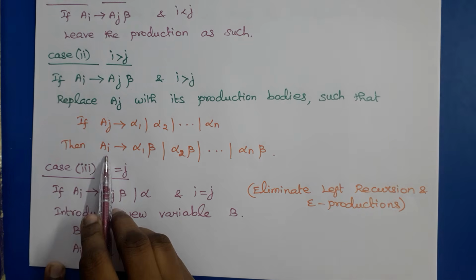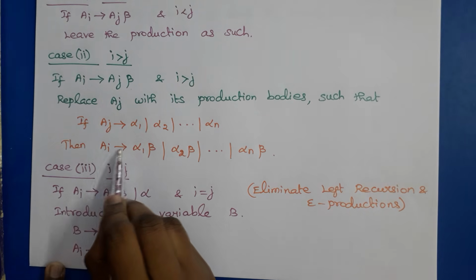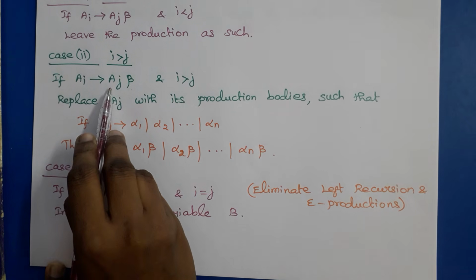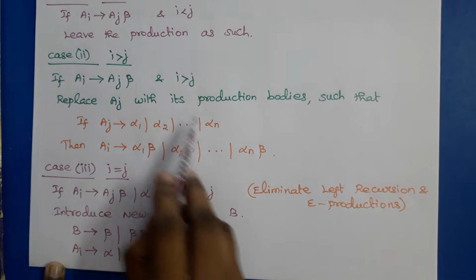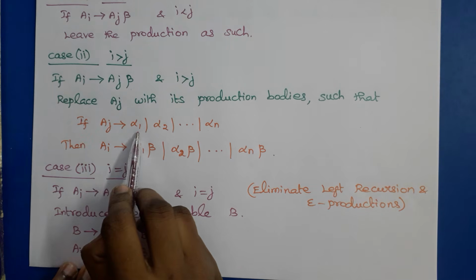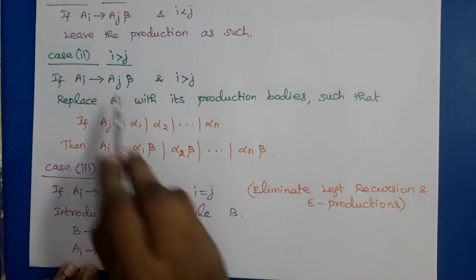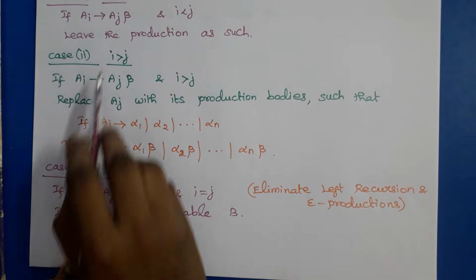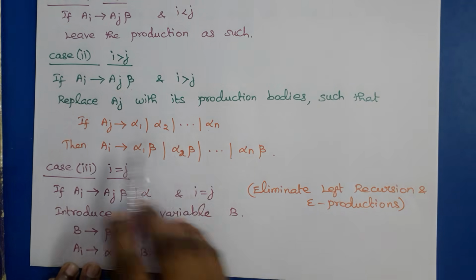So Ai now becomes Ai tends to alpha 1 beta bar alpha 2 beta up to alpha n beta. So if i is greater than j, we need to replace Aj with its production bodies.